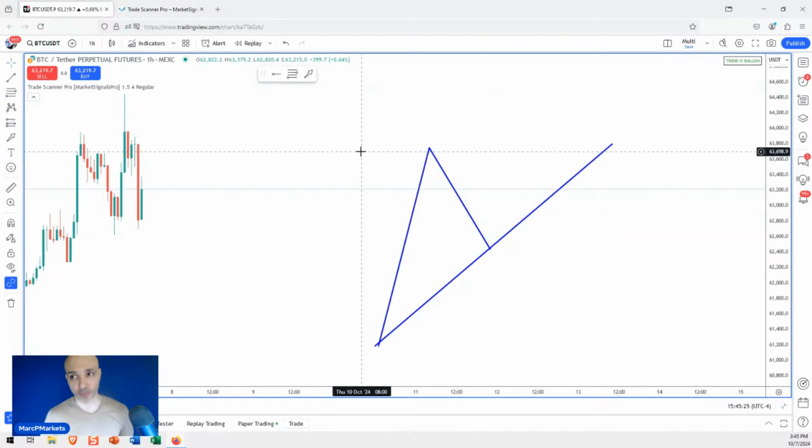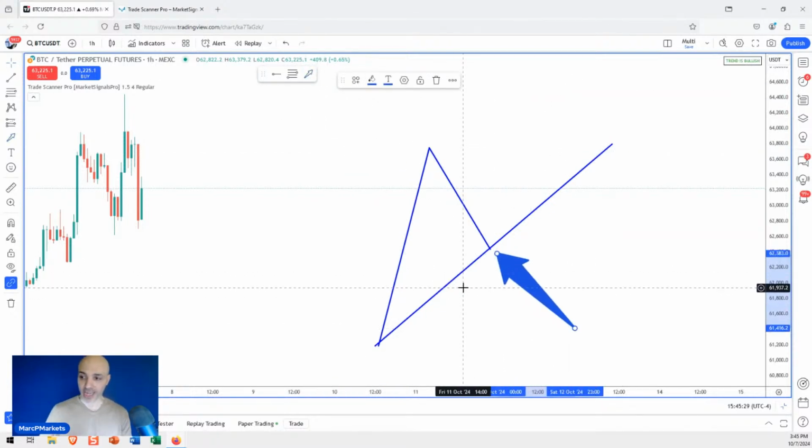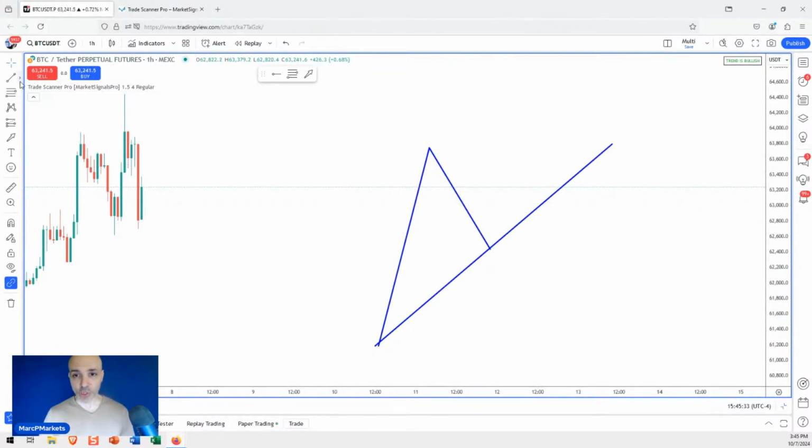It measures the pullback and waits for it. Then when the pullback gets to a point like that, it's looking at the changes in price momentum. It wants to see something like this. When it sees a change in price momentum and certain criteria is met, it will give you a signal in the form of trade suggestions.